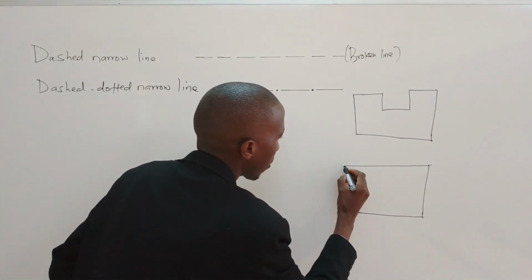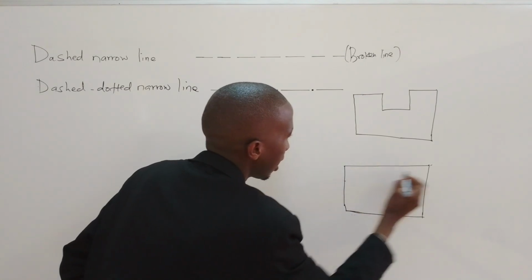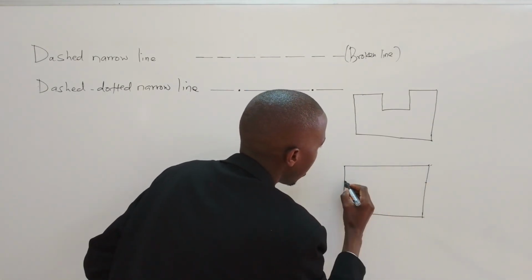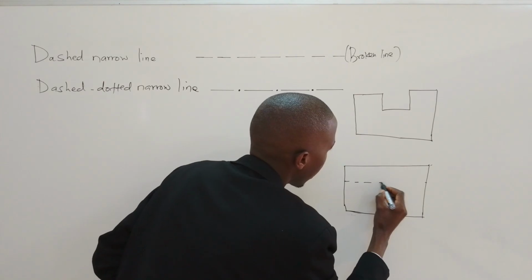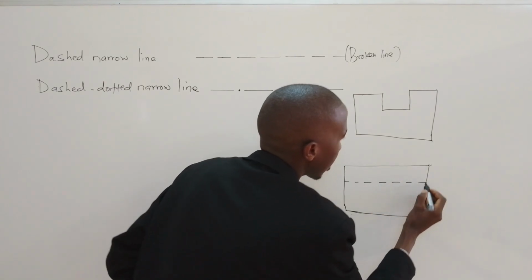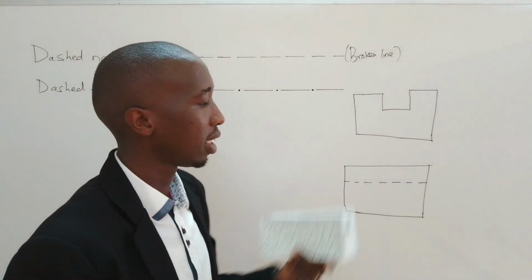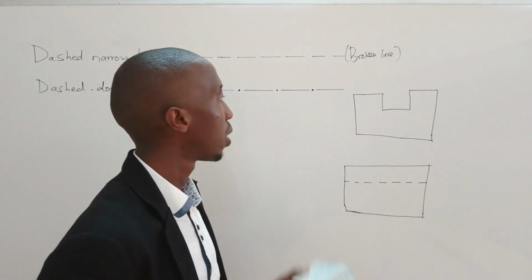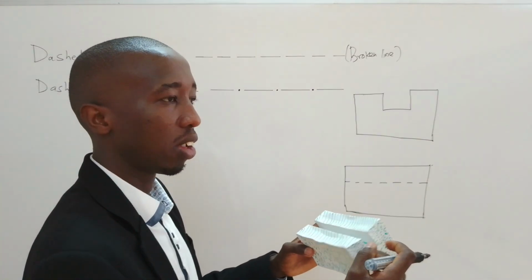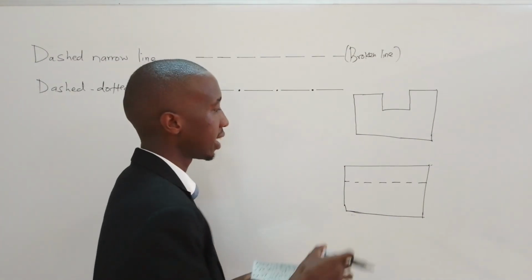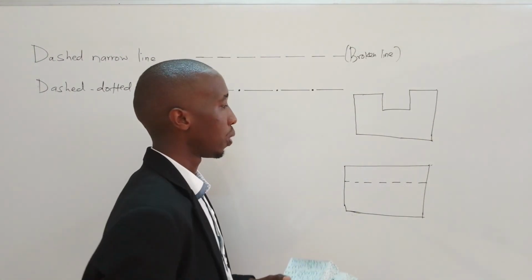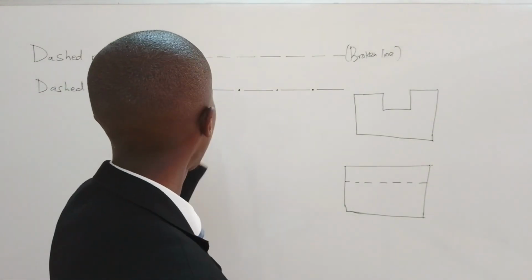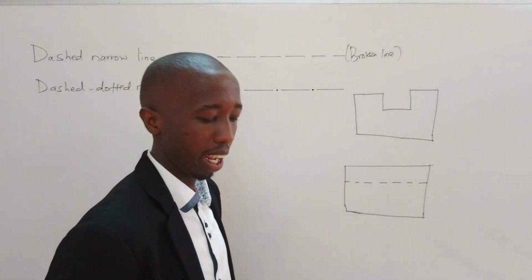Now this line will be from here, so you measure the height here, then you measure the height here, then you do a broken line. Now in that case, we have shown that in this view, in this side elevation, we are not able to see some lines, and those two lines are represented by one line, which is a broken line, and that is the purpose of that line.